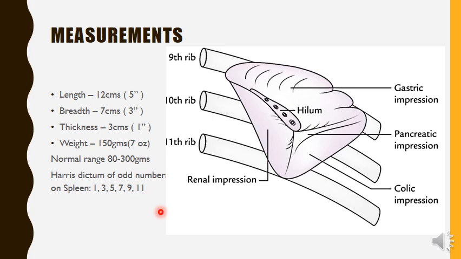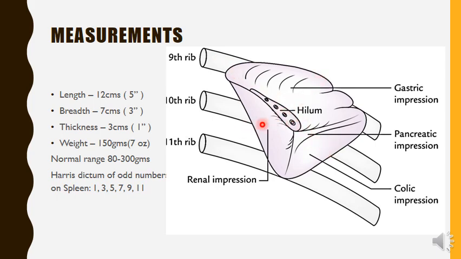Then coming to the measurements, the length of the spleen is around 12 centimeters. So the length is along this line. This is around 12 centimeters, or in inches if you want to describe, it is around 5 inches.